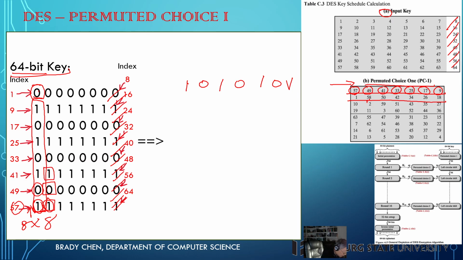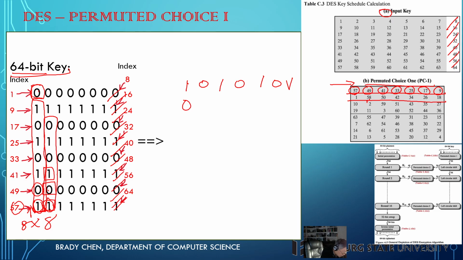So the second row, the first one is index 1, it's a 0, and then we switch to the second column, from bottom up. So it's a 1, 0, 1, 0, 1, 0.